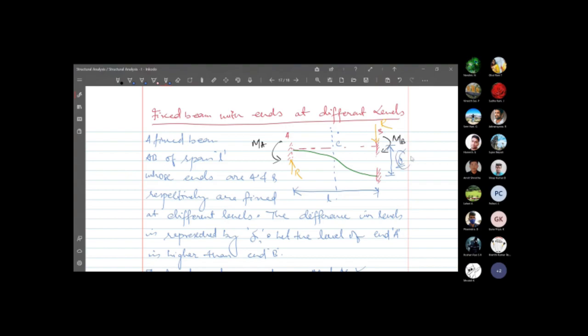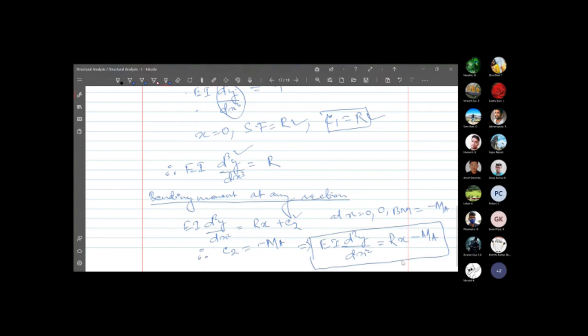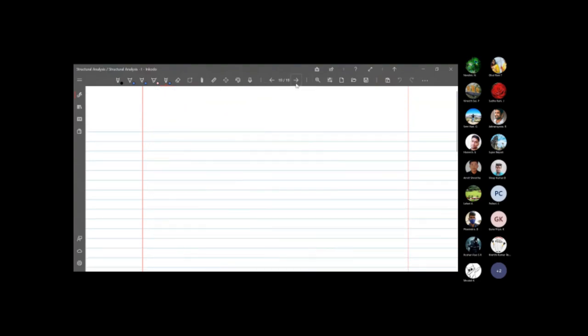That will be delta. So at x equals to L, y equals to minus delta.